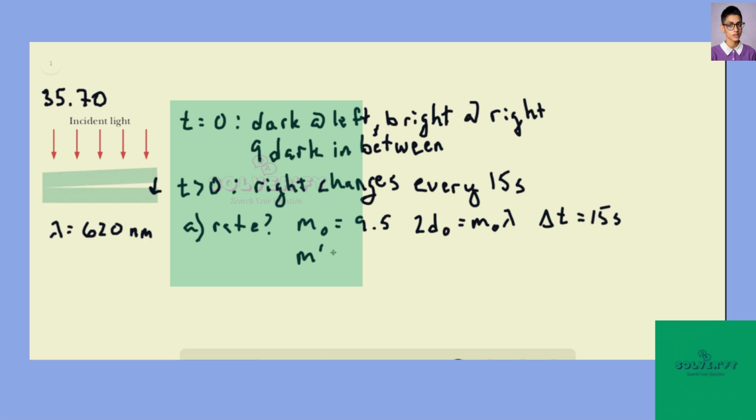And so then our next value of m will be 9. And 2d prime equals m prime lambda.